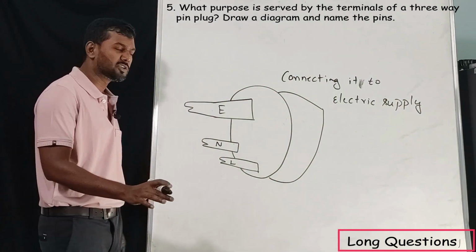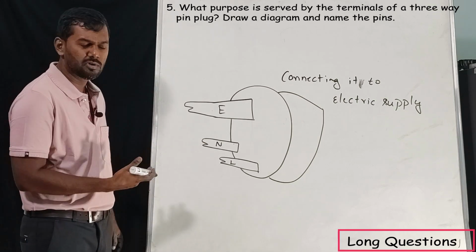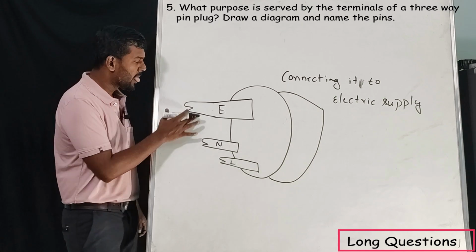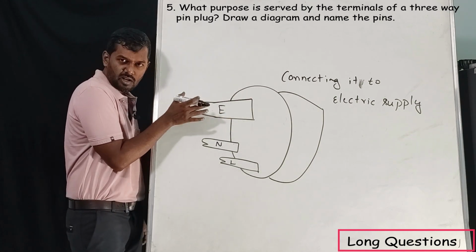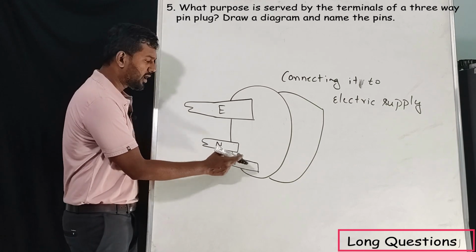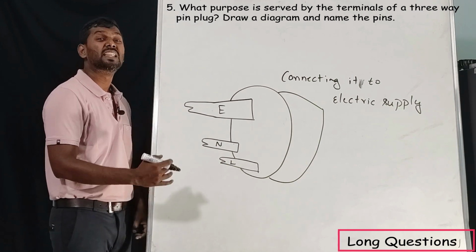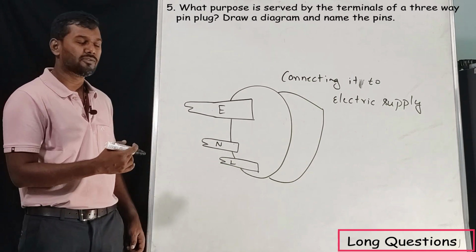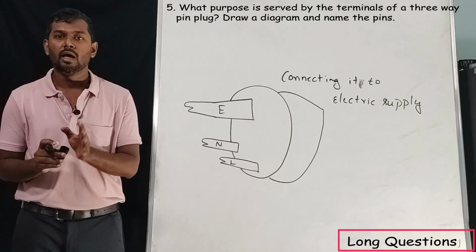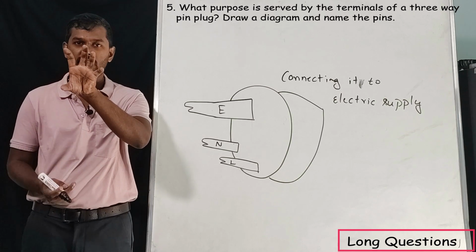In the diagram, you have to make sure that, I know the diagram is very beautiful compared to the diagrams you are going to draw in the exam. That's okay. So this one, earth wire, this is earth, neutral and live wire. Live wire should always be on the left side. If you get confused with the diagram, don't worry about it. You have to hold the plug like this.